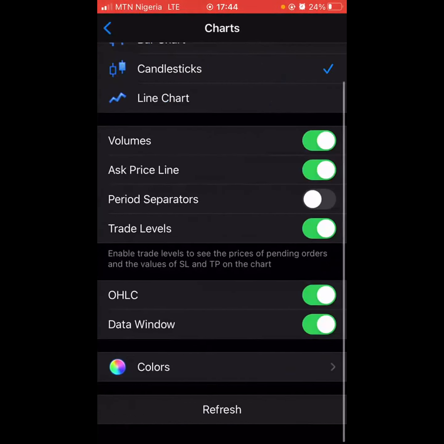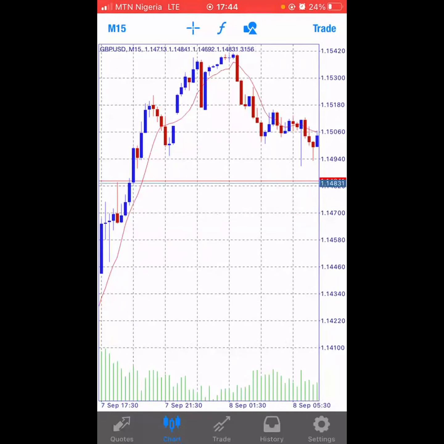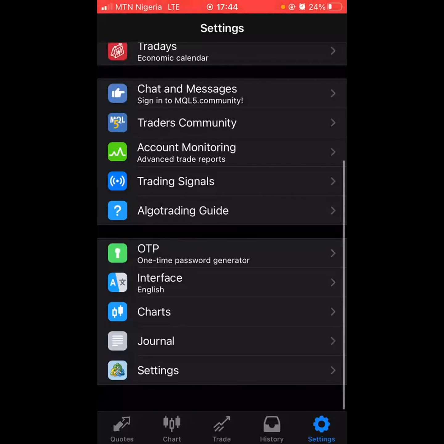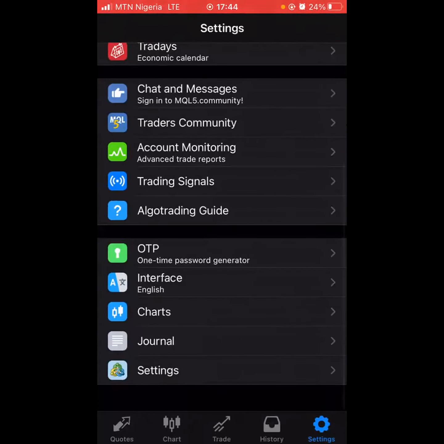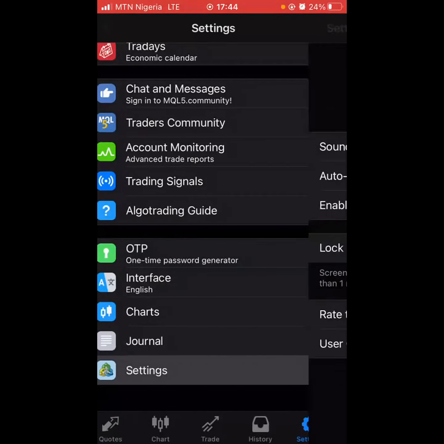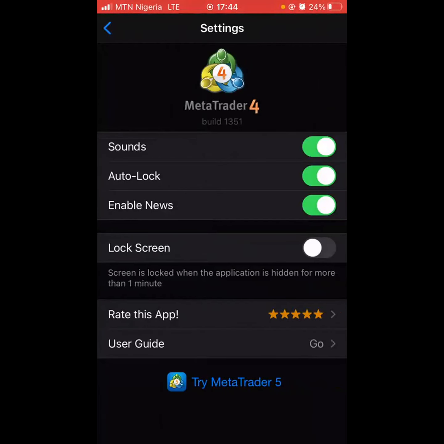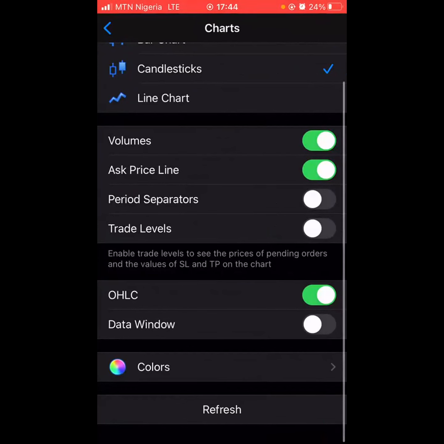Okay, it's still there. Trade levels, off that trade levels. Go back, let's see it. Data window, I think data window too. I'm so used to the settings on my phone like this. Let me go back. Okay, I think we are fine. We'll work with it. Don't worry. Go back. Okay. So let's go.